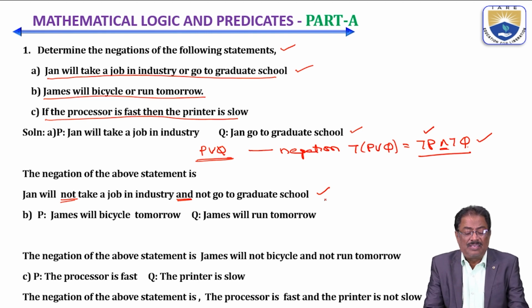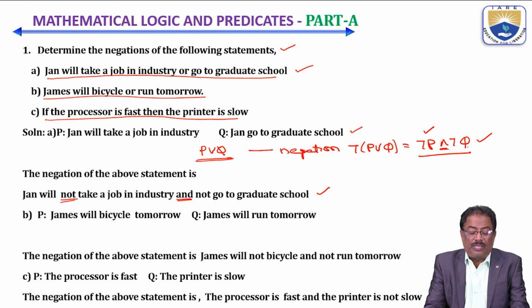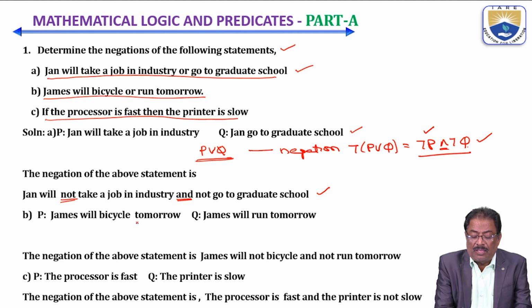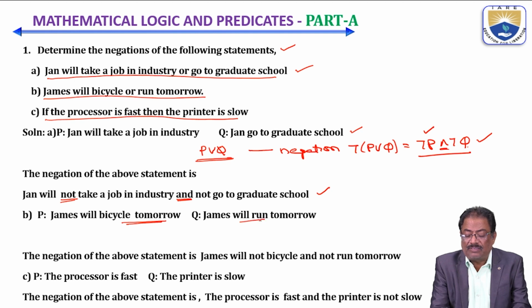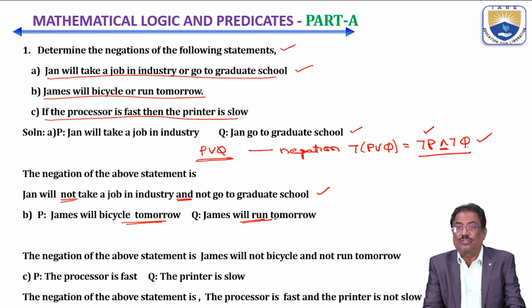And the second one is: James will bicycle or run tomorrow. Here P is James will bicycle tomorrow, and Q is James will run tomorrow.